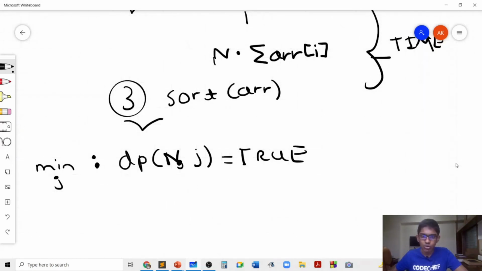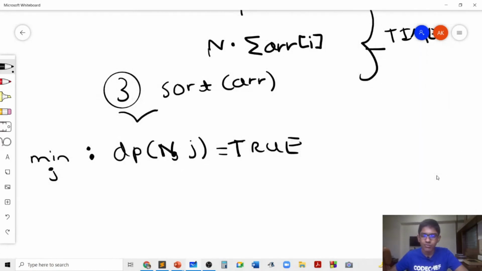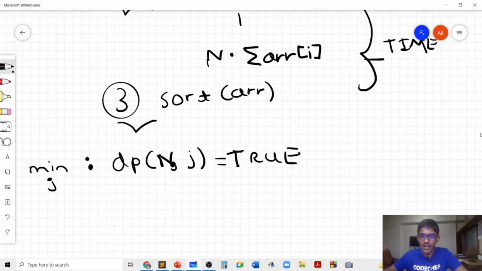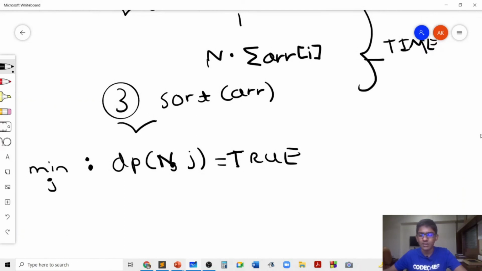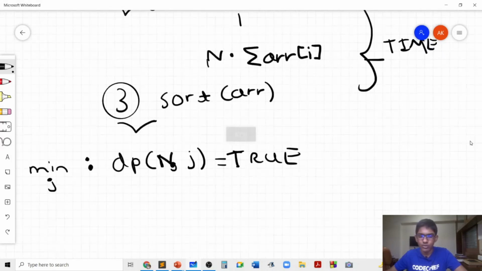So that's the intuitive reasoning. And for a formal proof, you can just check the written editorial. I won't be explaining the formal proof because it should be very intuitive to understand why, if we know that we can get a sum of j by assigning the signs, then we can also make the sum of the whole array equal to 0 in exactly j operations. So for a formal proof you can check the editorial.